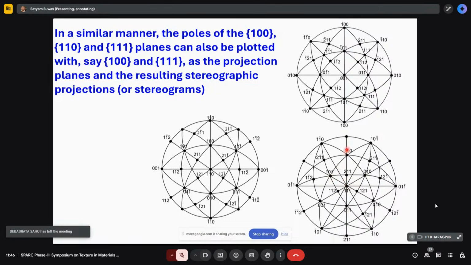If you measure the angle, you can put a Wulff net and see the angle between this plane and this plane. So you can get the angular relationship between the planes. And if some of these points represent sample geometry, then you can tell about all the crystal planes, or all the planes in your polycrystalline materials, how they are oriented with respect to the specimen frame of reference.